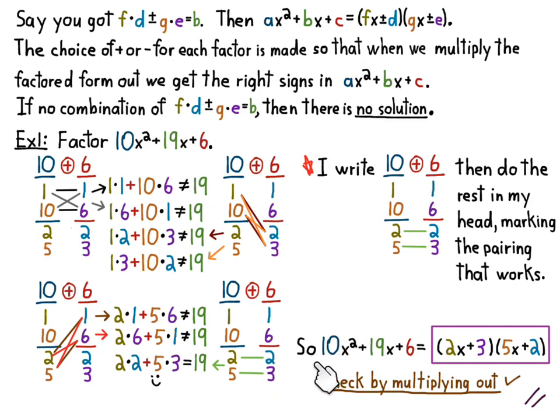Then I go down here, and I write this out the way I showed you, using these numbers, 2, 5, and 2, 3. Then I multiply it out to check it, and then box it if it's right, and figure out what I messed up if it's wrong, and then input it into the computer.